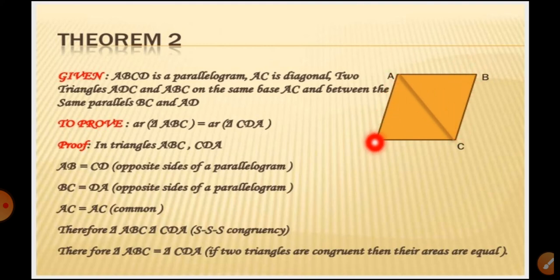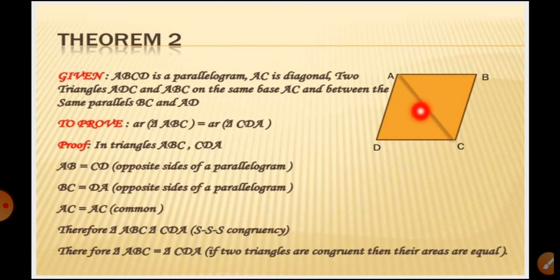We have to prove that the area of triangle ABC and the area of triangle CDA is equal.